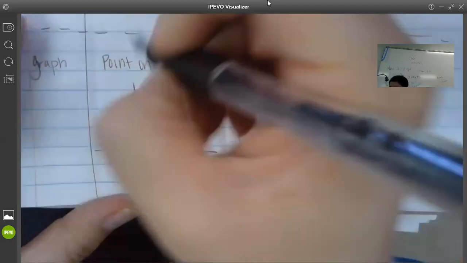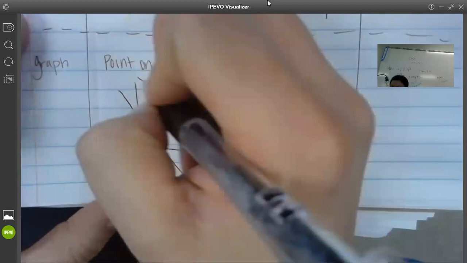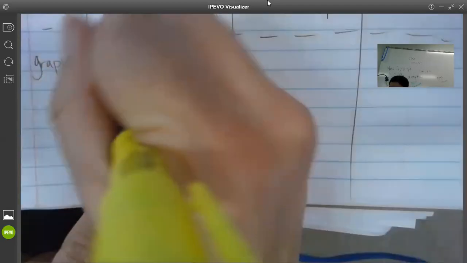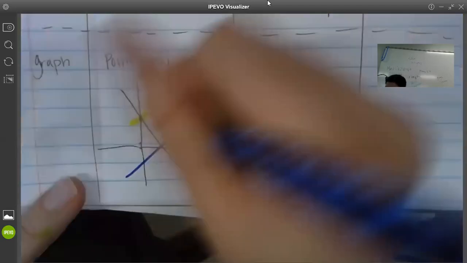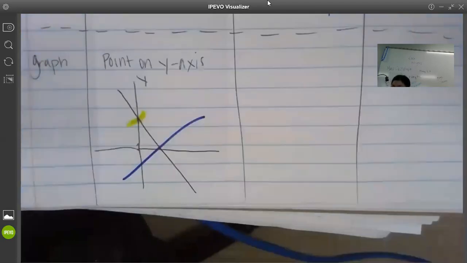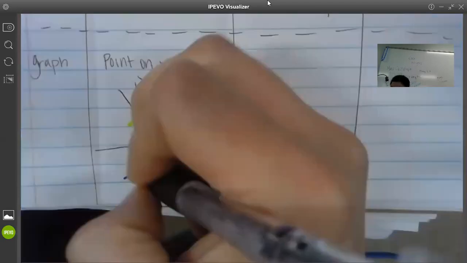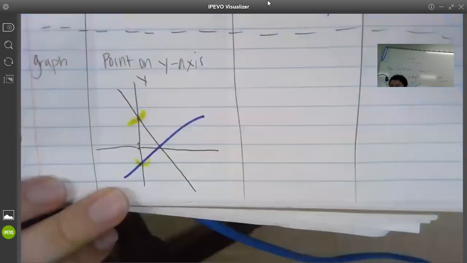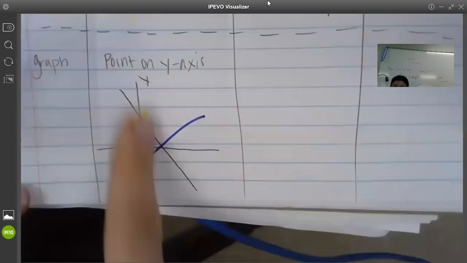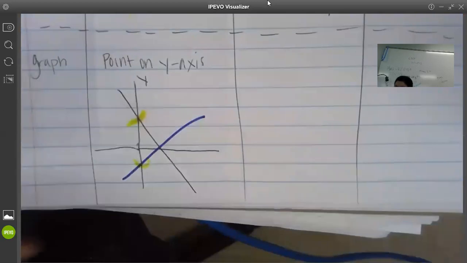Wherever it crosses the y-axis, it crosses it right there. It crosses it at 7. That's your y-intercept. Wherever it crosses. Okay. Let's say we have another line. If it crosses here at -2, well, that's your y-intercept. Wherever it crosses this y-axis, that's it.